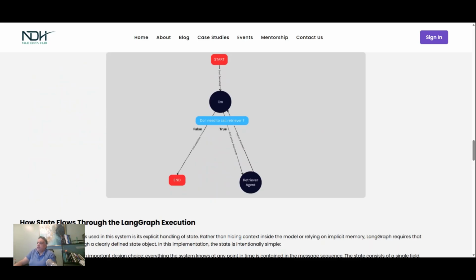As you can see, we have a large language model agent, which is the reasoning engine, and a retriever agent. The large language model agent's responsibility is to understand whether there is a need to call a tool. The tool here is the second agent, the retriever agent. If there is a need based on the query, the LLM calls the retriever.